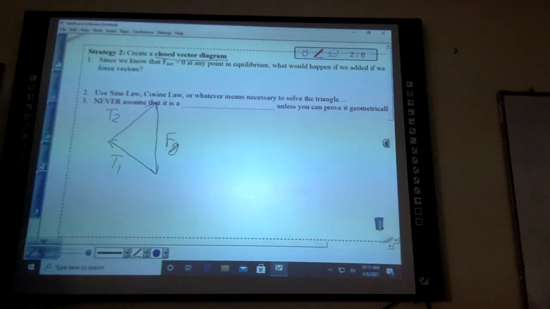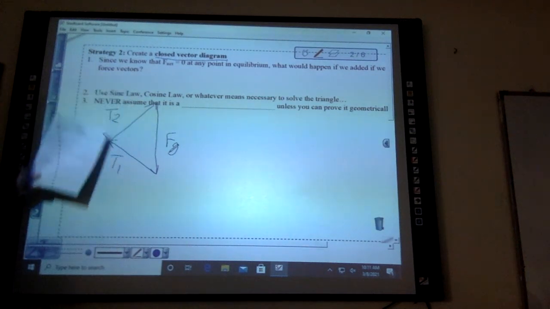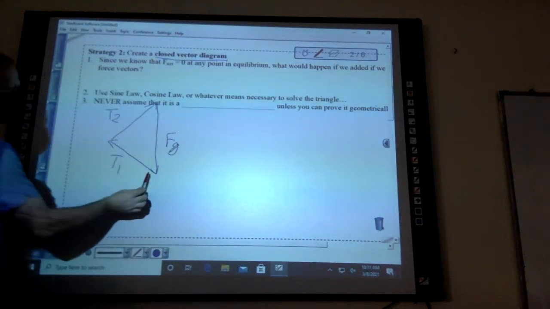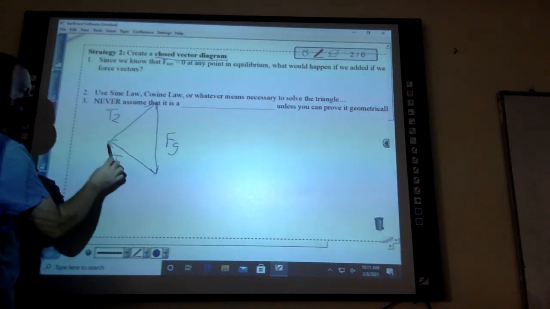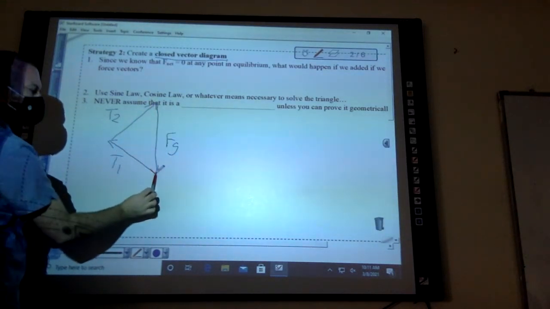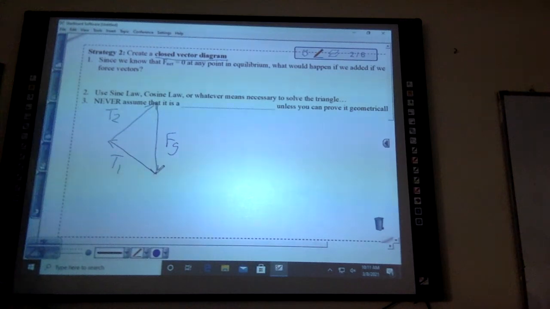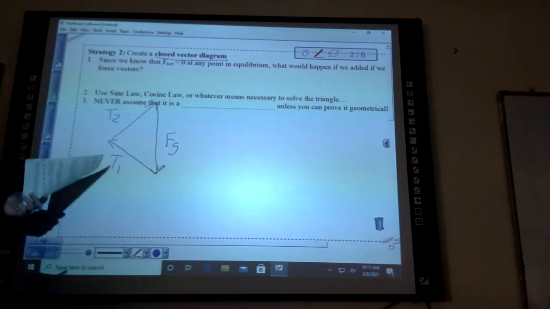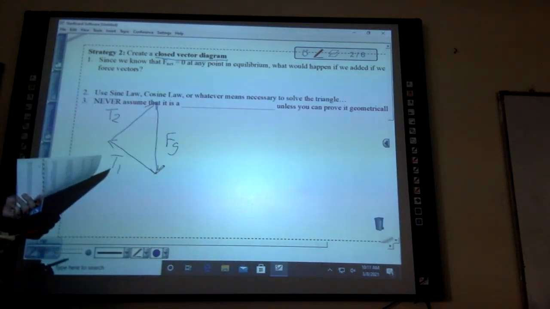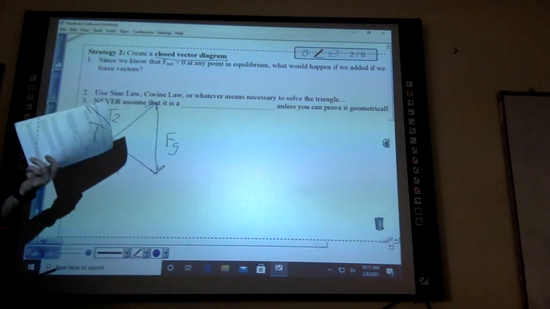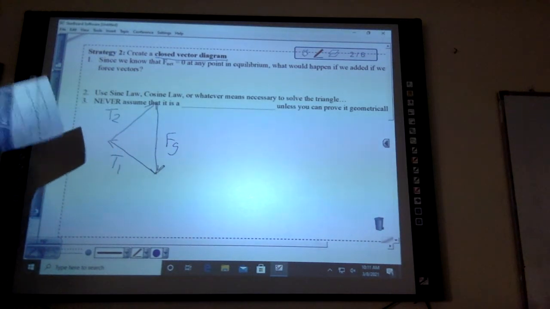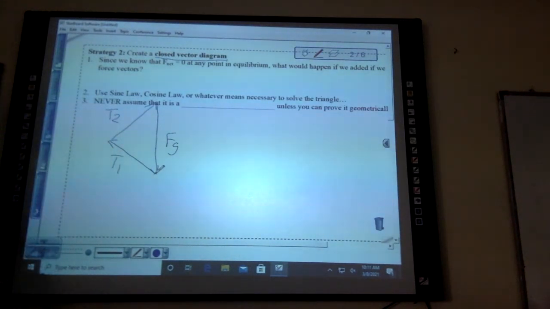When I add all the forces up, it equals 0, because notice I started here: T1, T2 plus FG gets me back to the original position. This is what it means by a closed vector diagram. And again, it results in 0, which means all the forces added up equals 0.